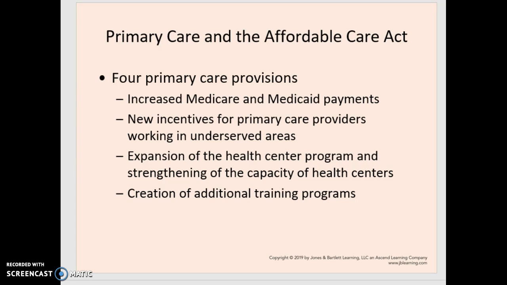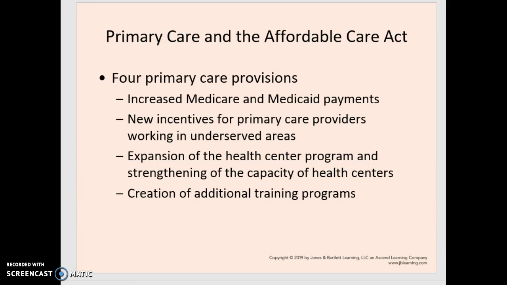They provided new incentives for primary care providers to work with those most vulnerable and underserved areas of people, as far as even where you had your practice and what type of patients you did. They expanded healthcare programs all over so that more people literally had access.